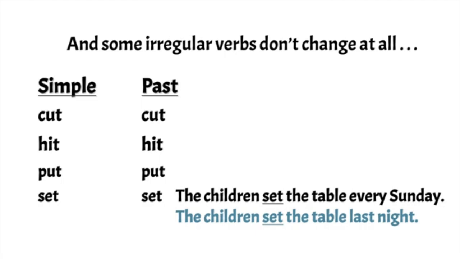It's not past. Well, it could be past also. But I know this is an example of the present simple. The second one, though, is in the past. The children set the table last night. How do I know it's in the past? Well, because we have the time expression last night.